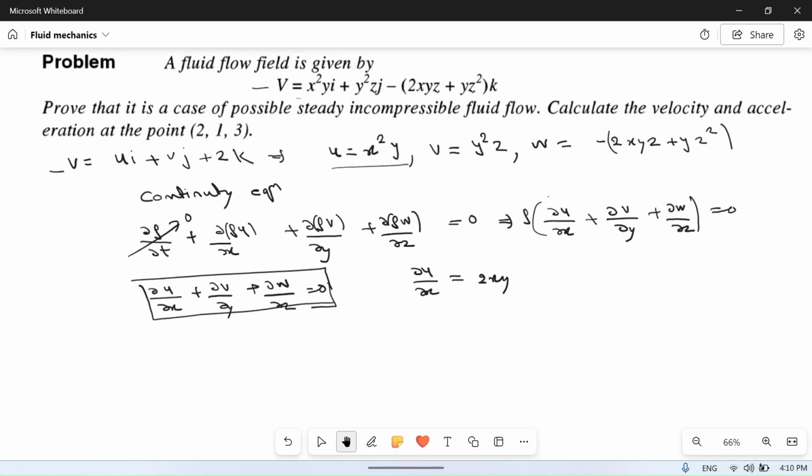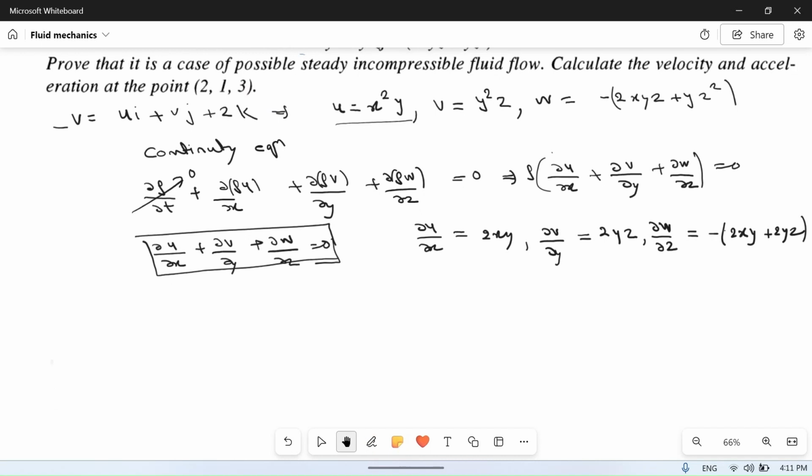So y becomes constant and comes out, and the differentiation of x² is 2x. Similarly, ∂v/∂y = 2yz. Similarly, ∂w/∂z = −2xy + 2yz.